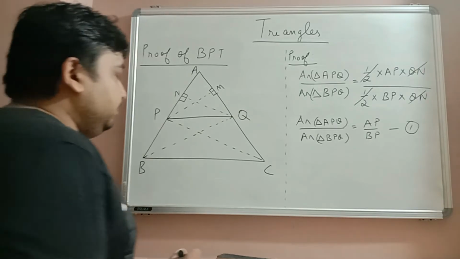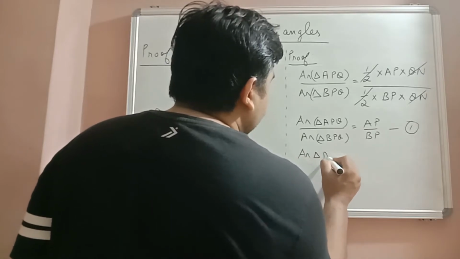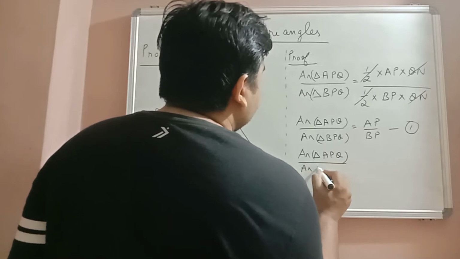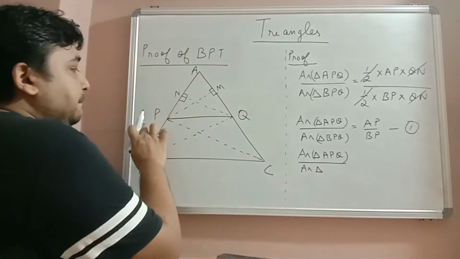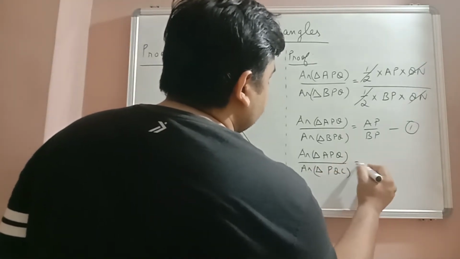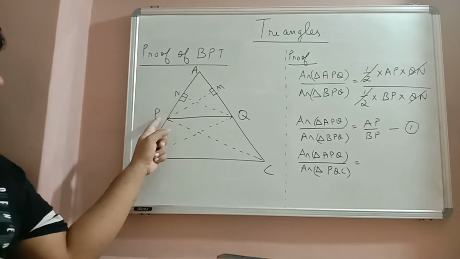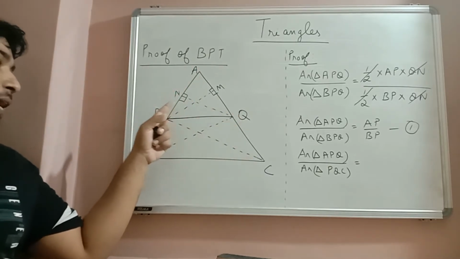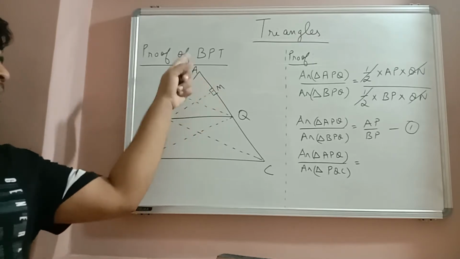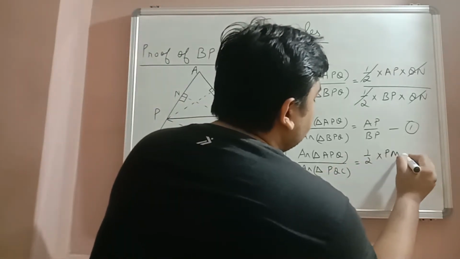Now similarly, I'll take another ratio, area of triangle APQ upon area of triangle PQC this time. In area of triangle APQ, I'll write it in terms of PM now, half into PM into AQ.